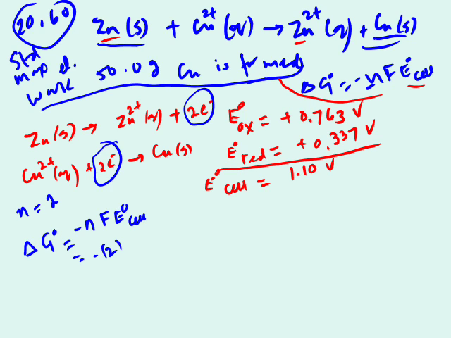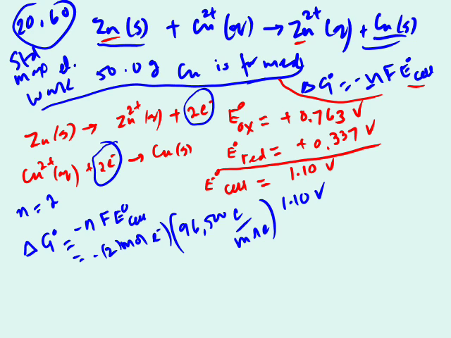The minus is because it's giving you energy spontaneously. So 2 moles of electrons transferred times 96,500 coulomb per mole of electron, and that's a constant called Faraday, and then E0 cell, which we already calculated to be 1.10 volts.